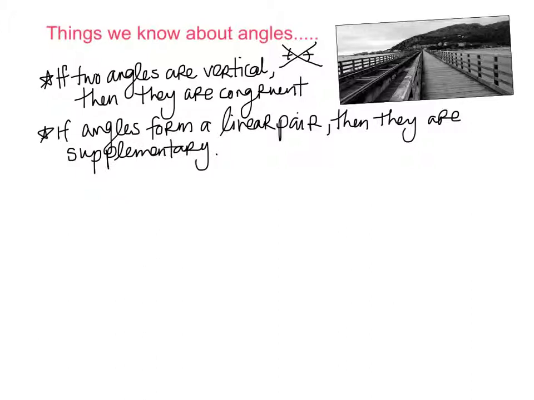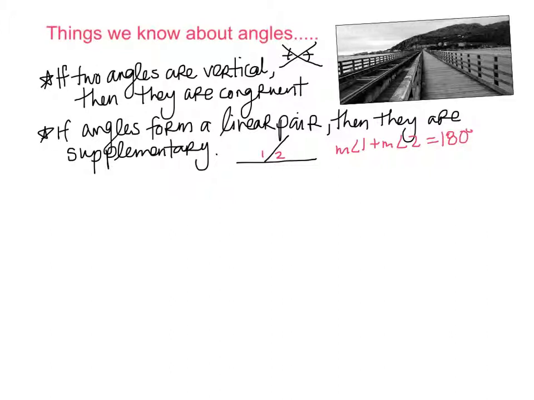Okay, and then we'll draw a little picture right there. So there's a linear pair. So we could say angle 1 and angle 2, the measure of angle 1 plus the measure of angle 2 equals 180 degrees. That linear pair is supplementary.